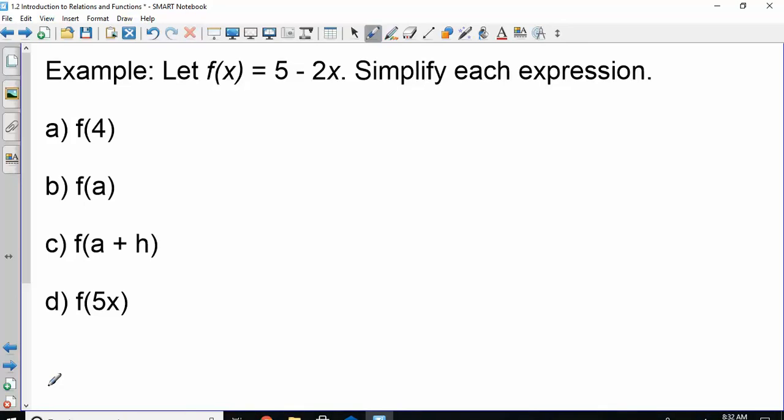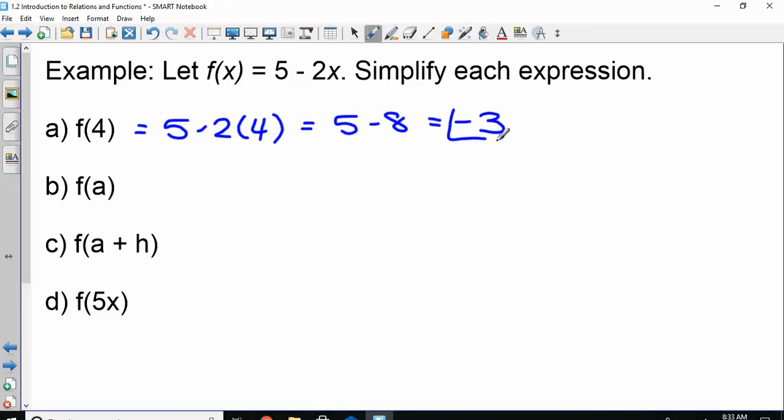So f of 4, what is that telling me? X is 4. So 5 minus 2 times 4. That's 5 minus 8. Negative 3.